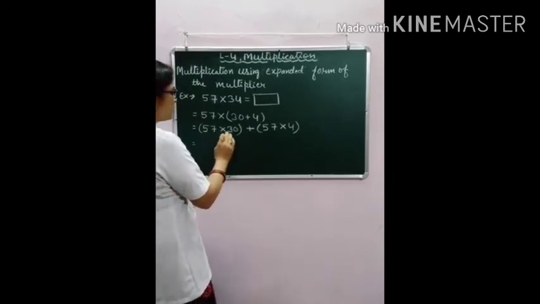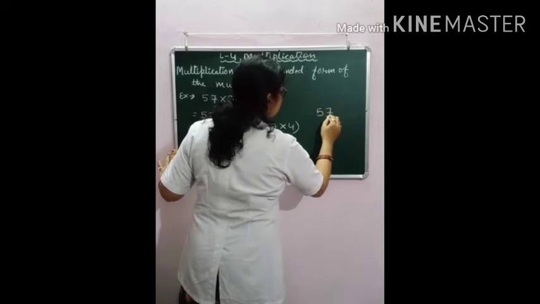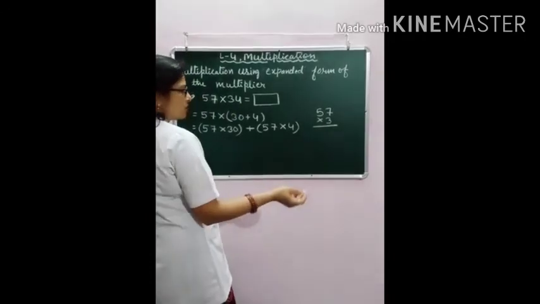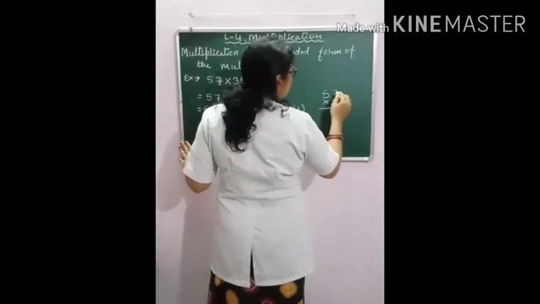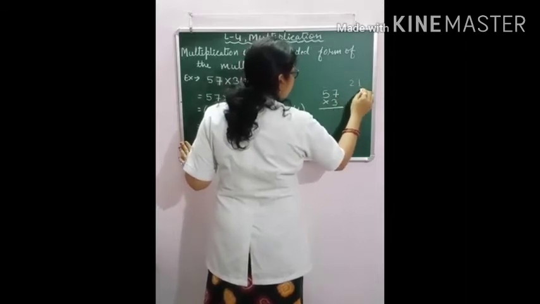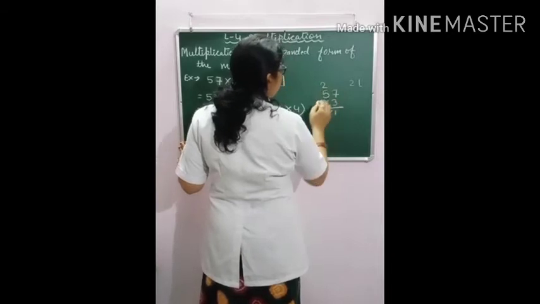Now 57 into 30 is, we will multiply 57 by 3 and we will put the 0 after the product. 57 into 3, so 3 7s are 21. We will write 1 at the ones place and 2 will be carried forward to the next place.